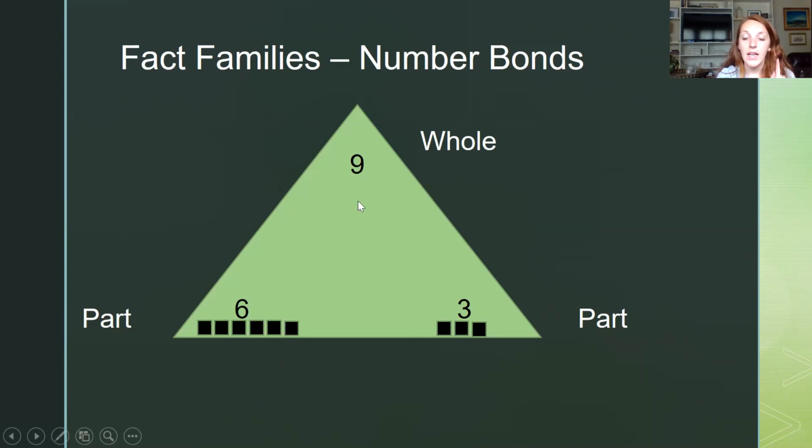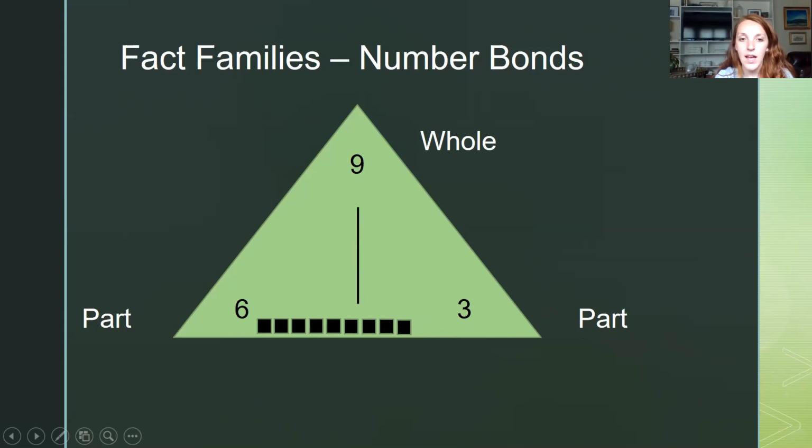It's going to make 9. So let's see. We put that 6 and 3 together. What does it make? 1, 2, 3, 4, 5, 6, 7, 8, 9. Oh, it makes 9. See? 6 and 3 are 2 parts, and when we put them together, they make 9.